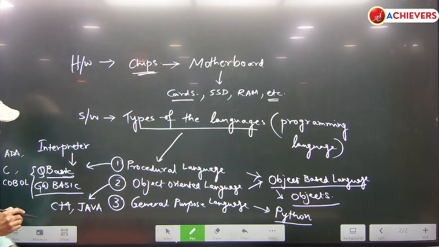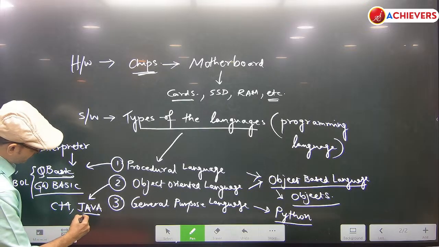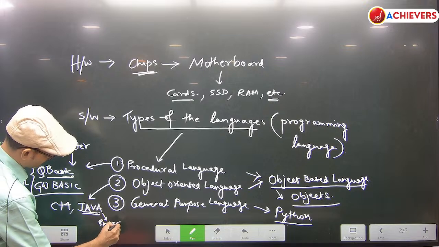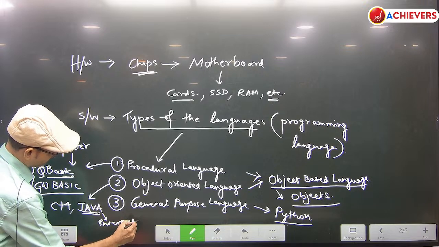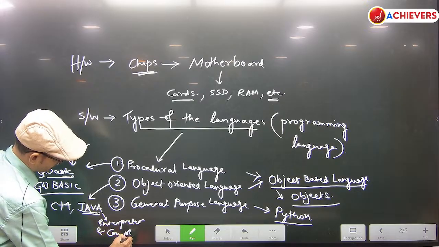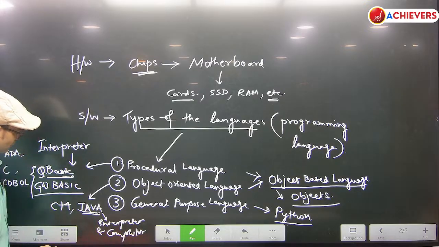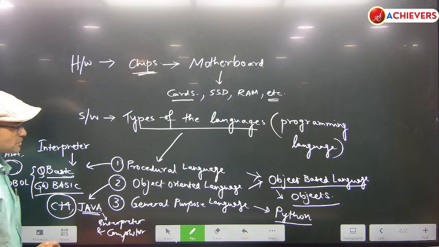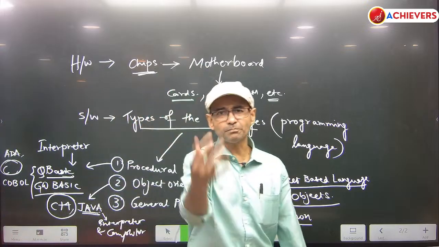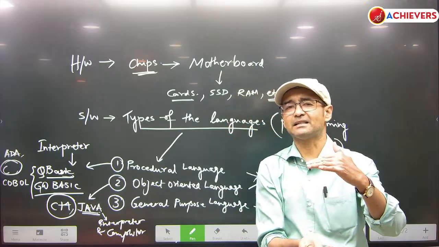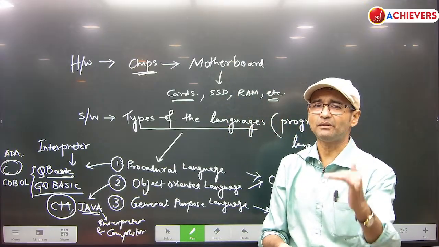Now in Java we have the concept of both interpreter and compiler. C and C++ have the concept of a compiler because compilation of the total program is done at once and it provides us with the different errors that we can rectify one by one.